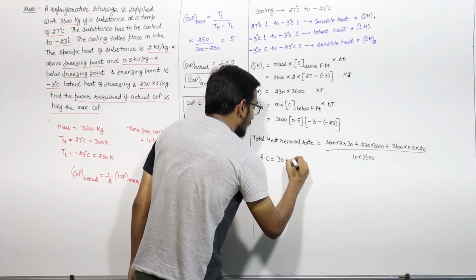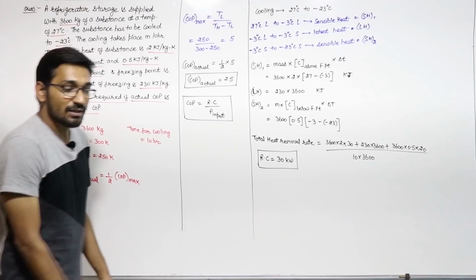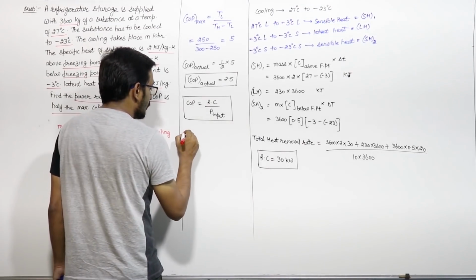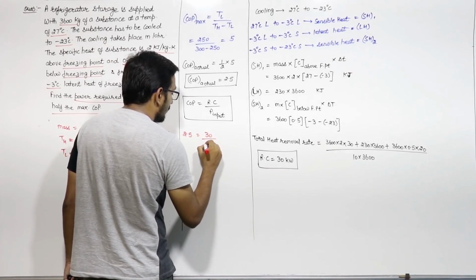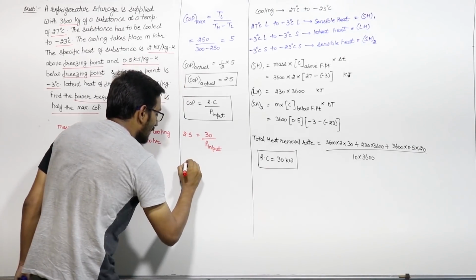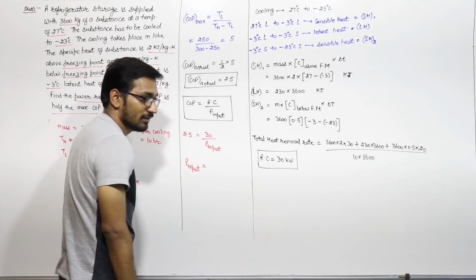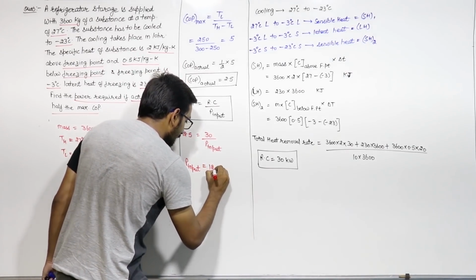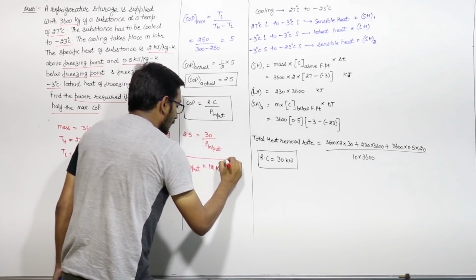Now if I say this COP is 2.5, COP equals refrigeration 30 kilowatt divided by power input. So from here you can easily calculate that power required will be equal to 12 kilowatt. 30 divided by 2.5 is 12 kilowatt.